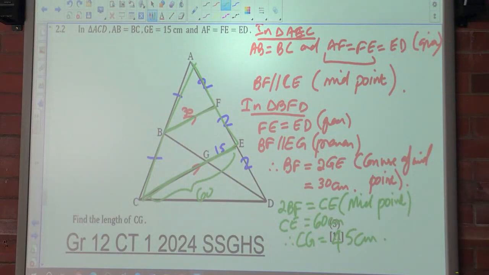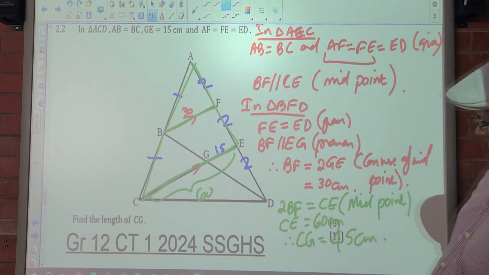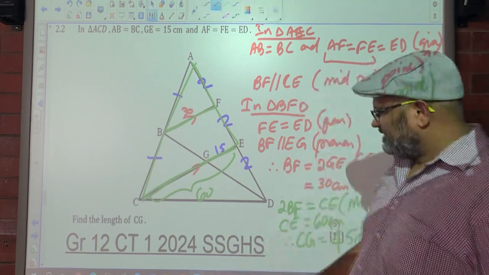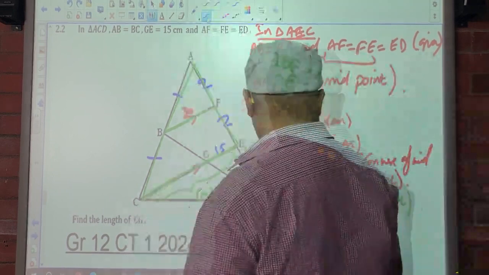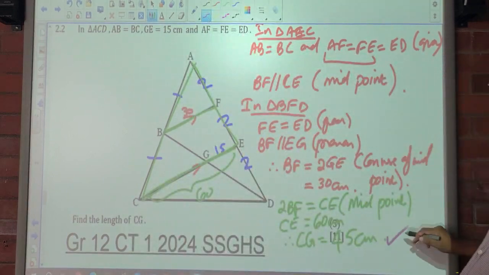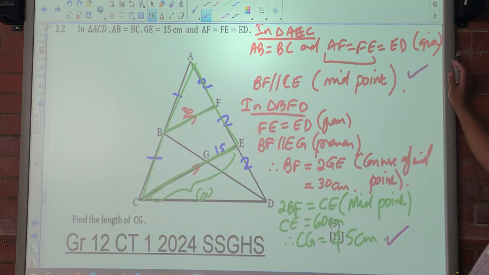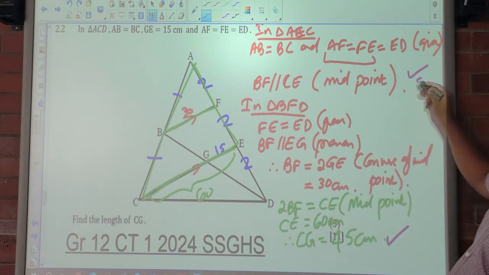Okay? Yes, Michael? So where did you get the marks here? Definitely you're going to get the mark here. You're going to get the mark for stating this, it's parallel. Then this here, this is statement and the reason.